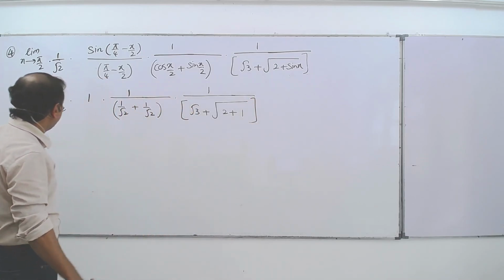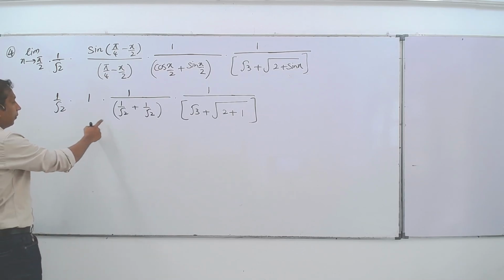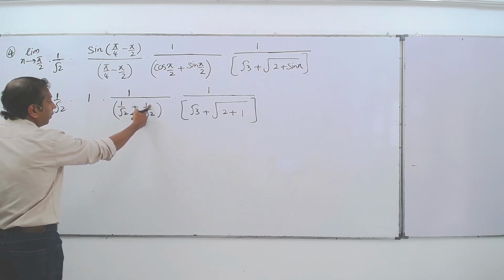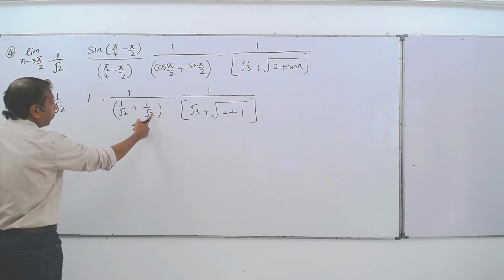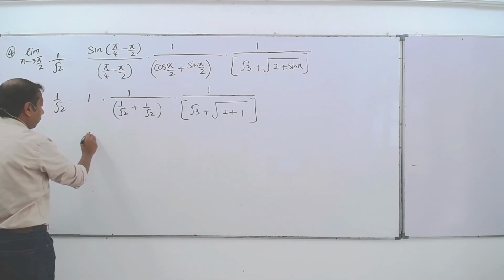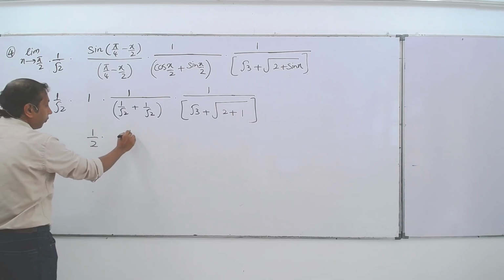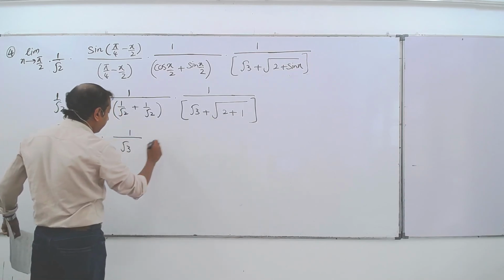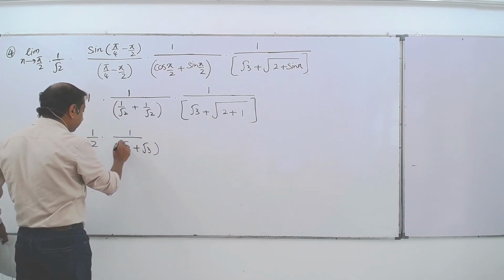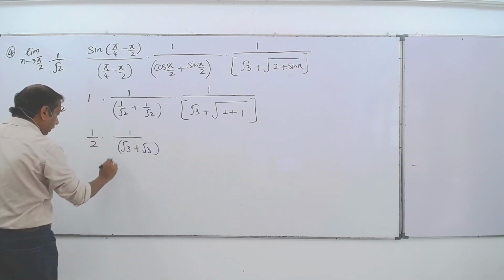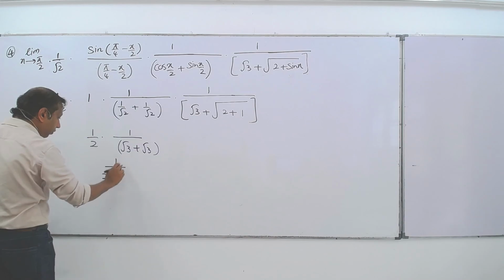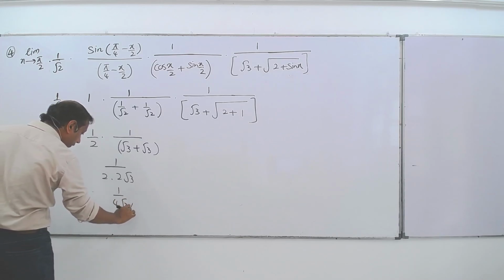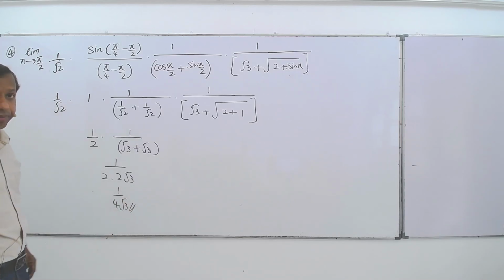Right. Then we can multiply here. Once I bring this root 2 here and here, root 2 by root 2 is 1, root 2 by root 2 is 1, 1 plus 1 is 2. 1 over 2 there. 1 over root 3 here plus root 3. Right. Then we get 1 and 1, 1, 2 into, this is 2 root 3. 2 and 2 make 4, 1 over 4 root 3 is the answer. Right? Okay.